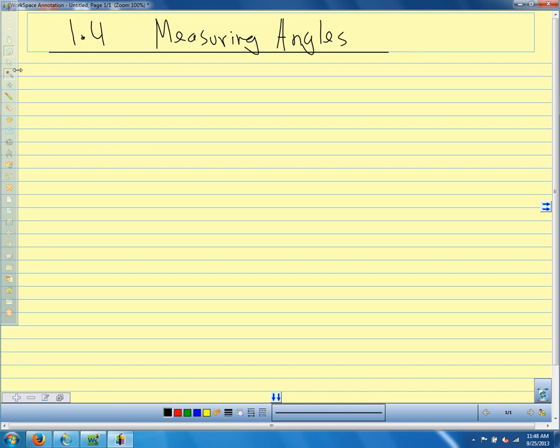So we're going to add to our vocabulary. I passed out a new vocabulary sheet. I'm going to add something just to one of the squares. So in the middle, our term, the thing that we're talking about, is angle. And we want to know all about angles.